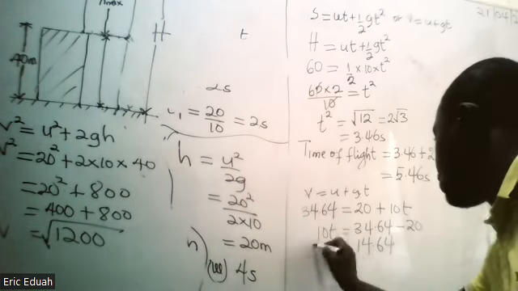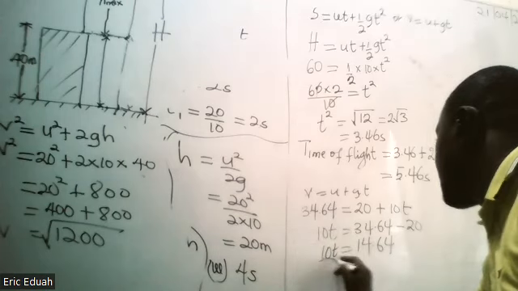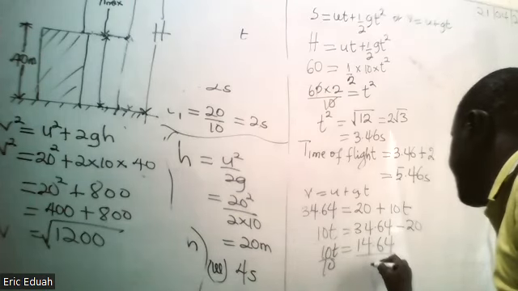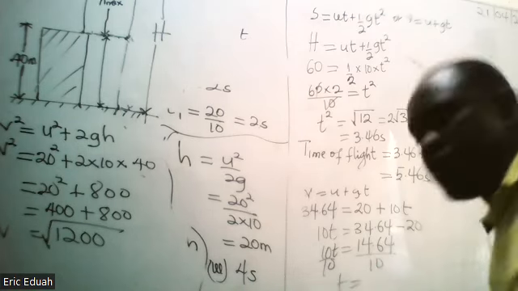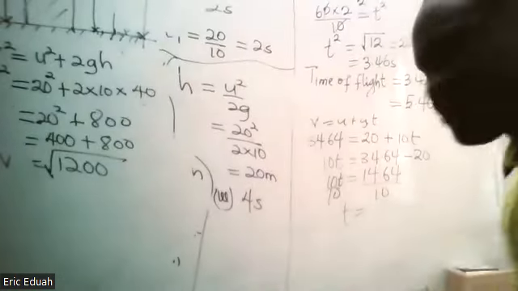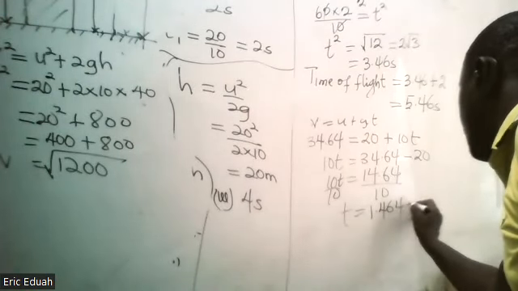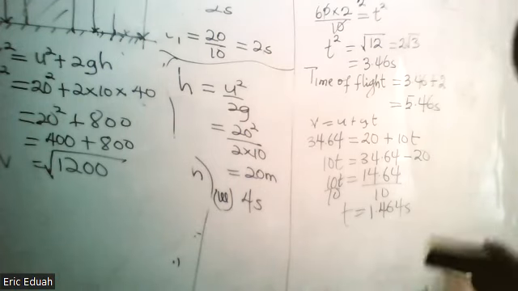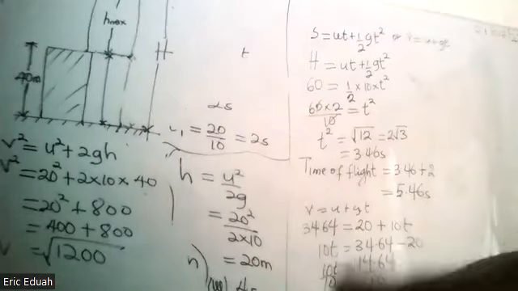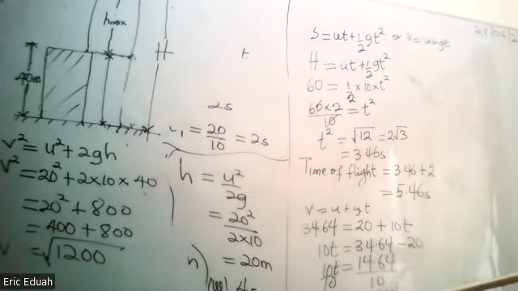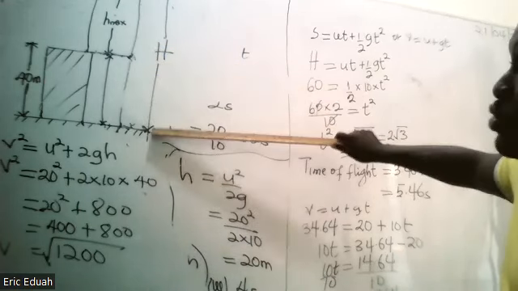When we divide this through by 10, we have t equal to 1.464. What this means is that the body will take a time of 1.464 to move from here to the ground.